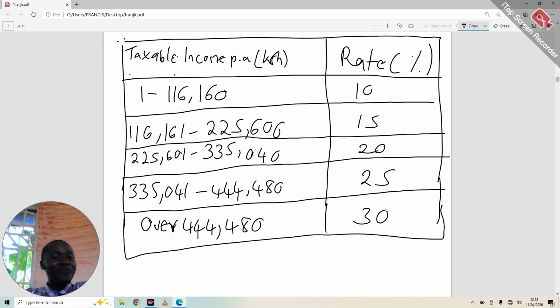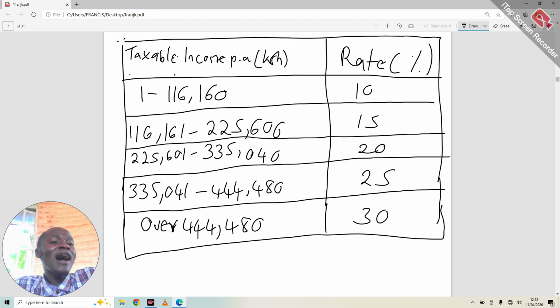And remember, the taxable income given in the table is per annum. And the question wants you, in the end sentence, to determine his net monthly income. Monthly income, not annual income. But what has the table provided? Everything is per annum.